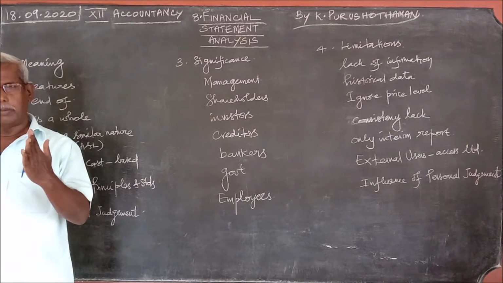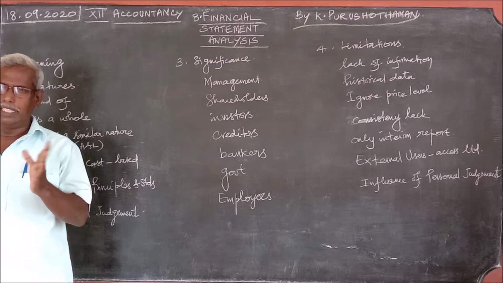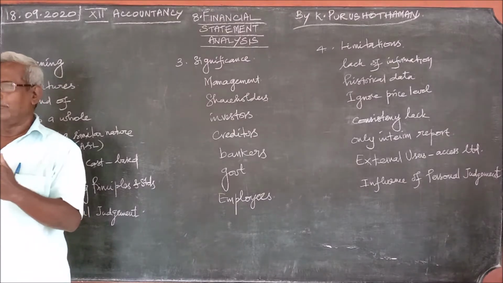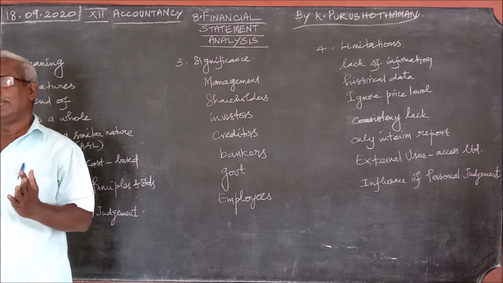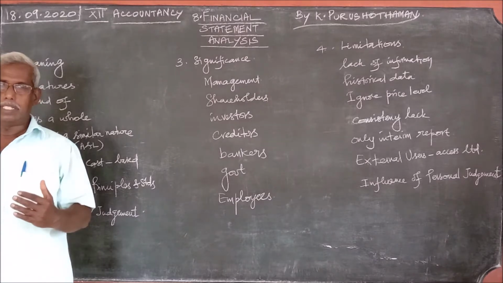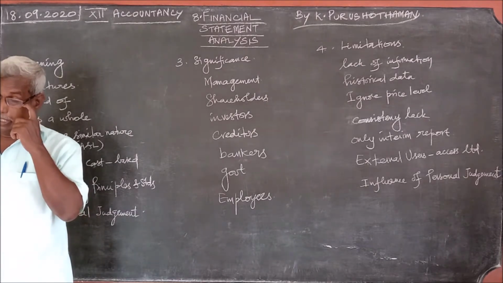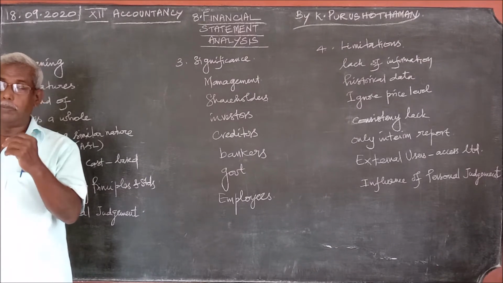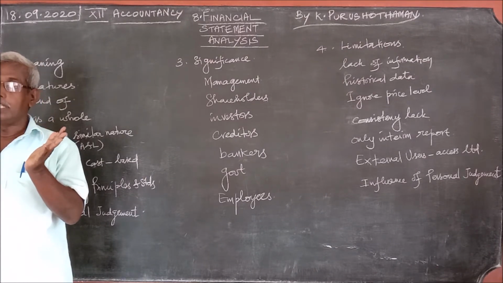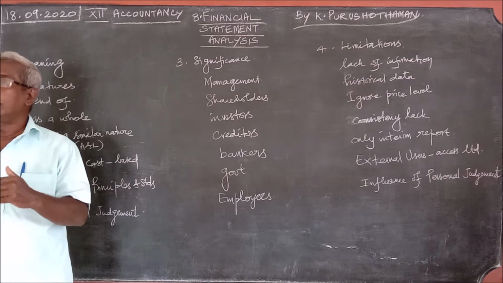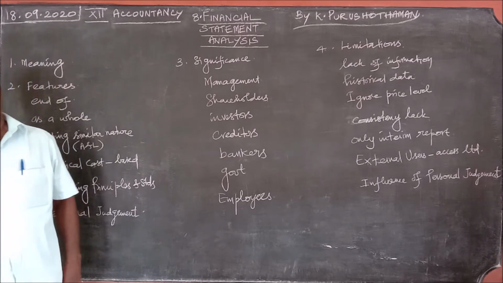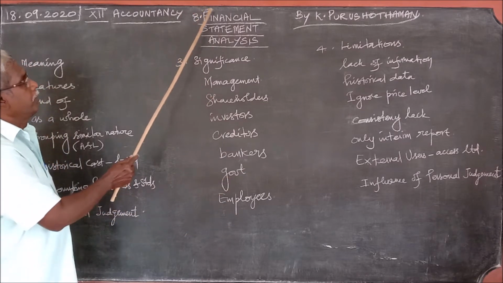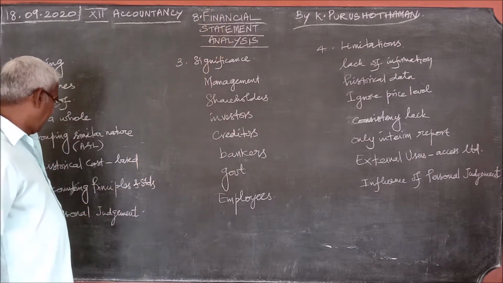If the accounts are maintained properly, then what is the cost of manufacture, and what should be in the final accounts? That is how the trading account is prepared, how the profit and loss account is prepared, how the balance sheet is prepared. All these things are included in the financial statement.